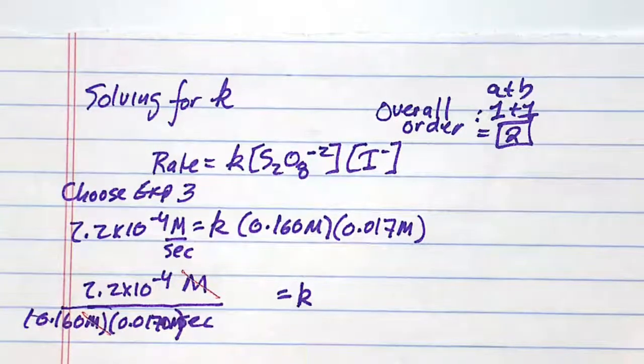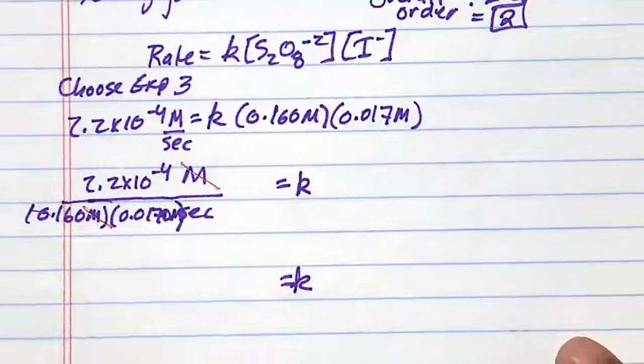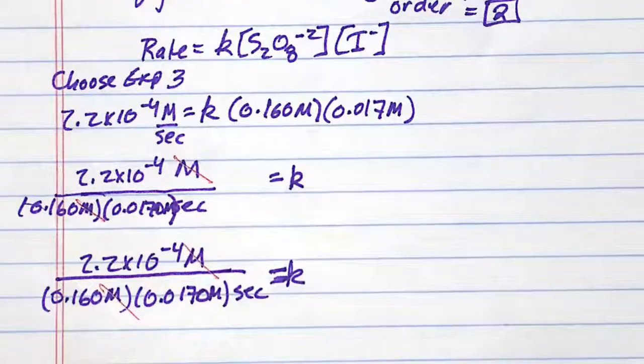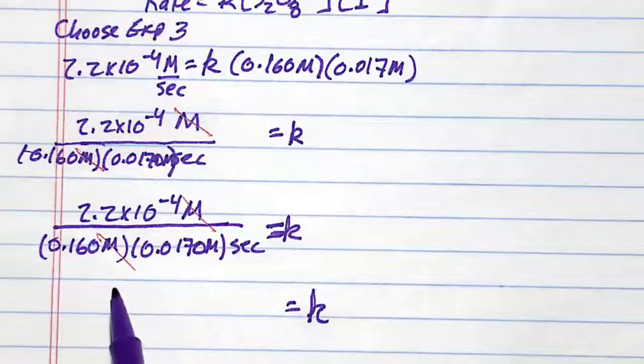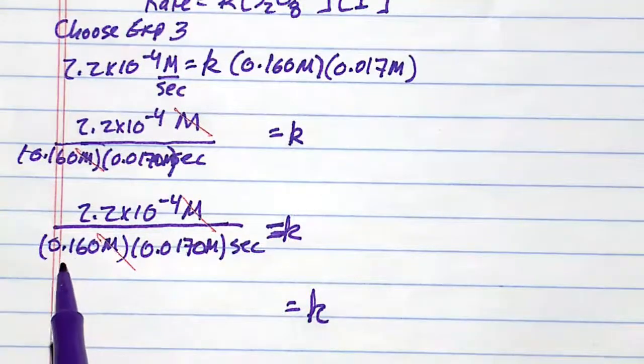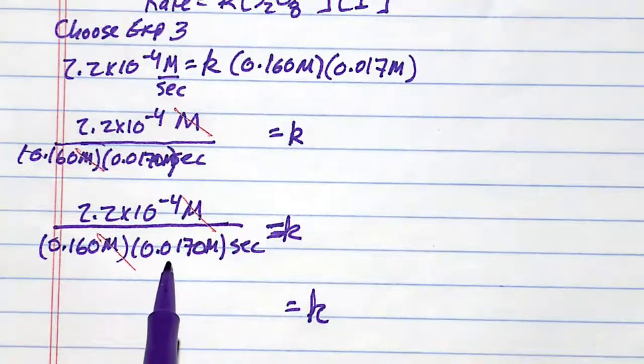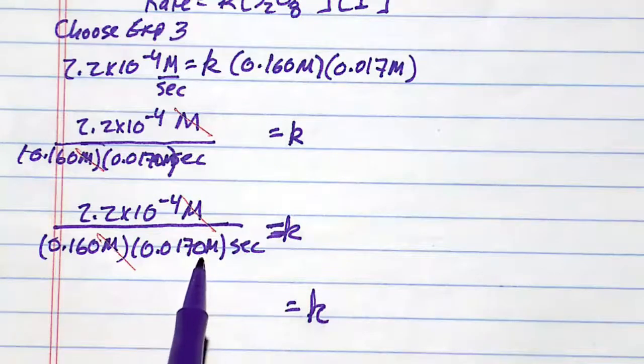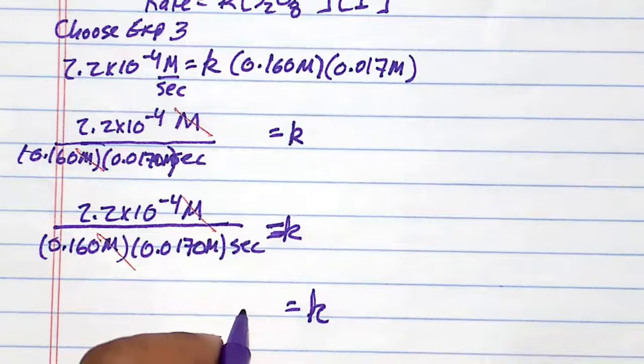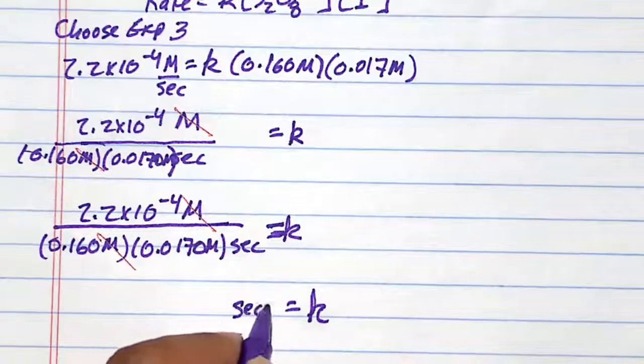So let me write that again so that the molar gets canceled. 2.2 times 10 to the minus 4 divided by the product of 0.160 times 0.0170. You close the parentheses, hit the equal sign. Our units are going to be seconds to the minus 1, or inverse seconds.